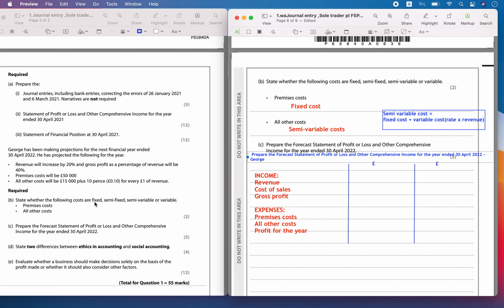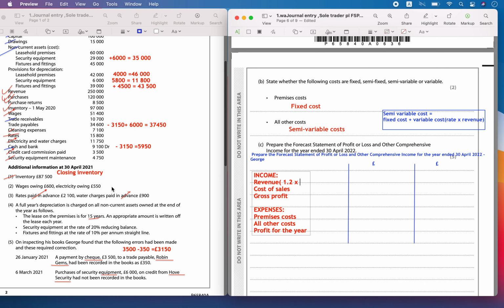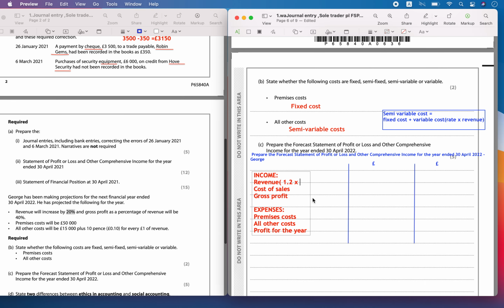For the revenue, he is stating that it is going to increase by 20%, which means whatever the revenue was, it will become 1.2 times. The revenue given earlier was 250,000, so now it will become 1.2 times 250,000, which is equal to 300,000.